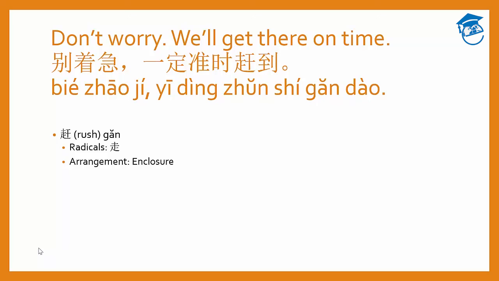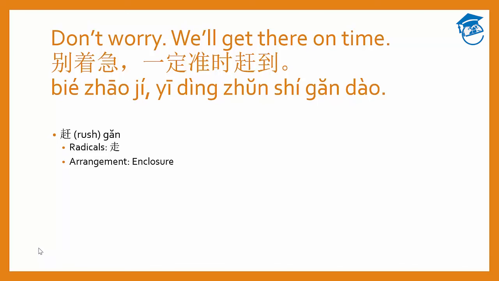And 一定 is, of course, to describe the whole thing. Get there on time. That this is confirmed and we can be sure that it will happen. So, in other words in English, the driver is trying to reassure Jane that I'm sure or I confirm that we can rush and arrive on time.